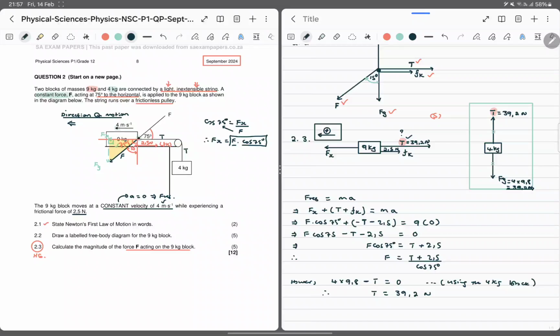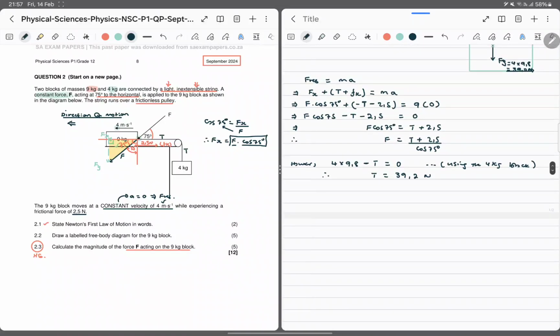Okay, easy. So we can then do our force and say, therefore, our force is going to be 39,2 plus 2,5 divided by cos 75, which is going to give us the answer.